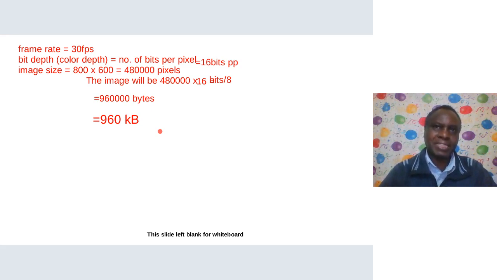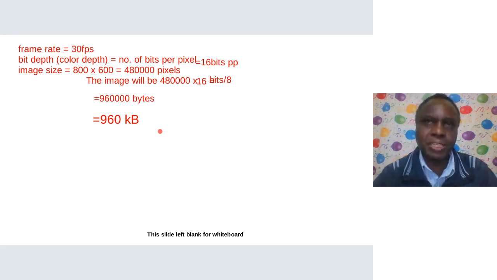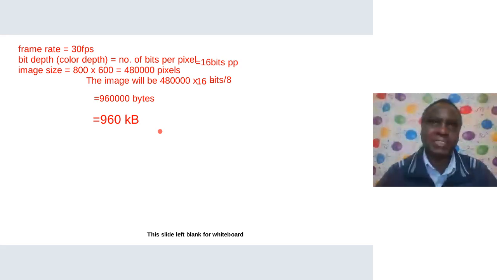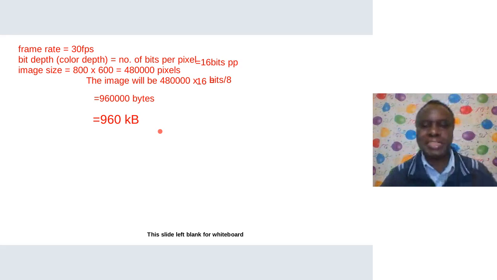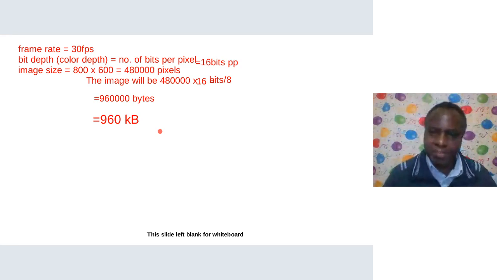When we are talking about the speed of our internet, normally it is bits. So you need to be familiar with that. Small b is for bits, and capital B is for bytes. Anyway, every image that our camera is recording is 960 kilobytes.